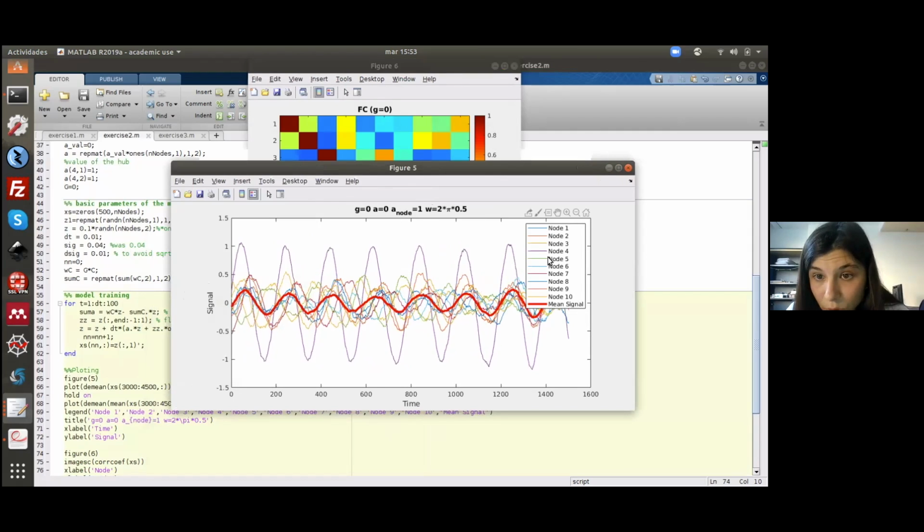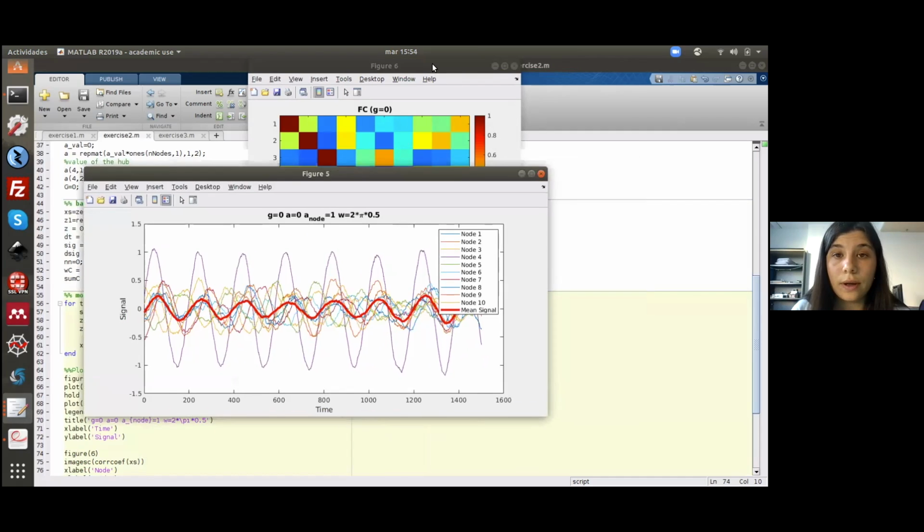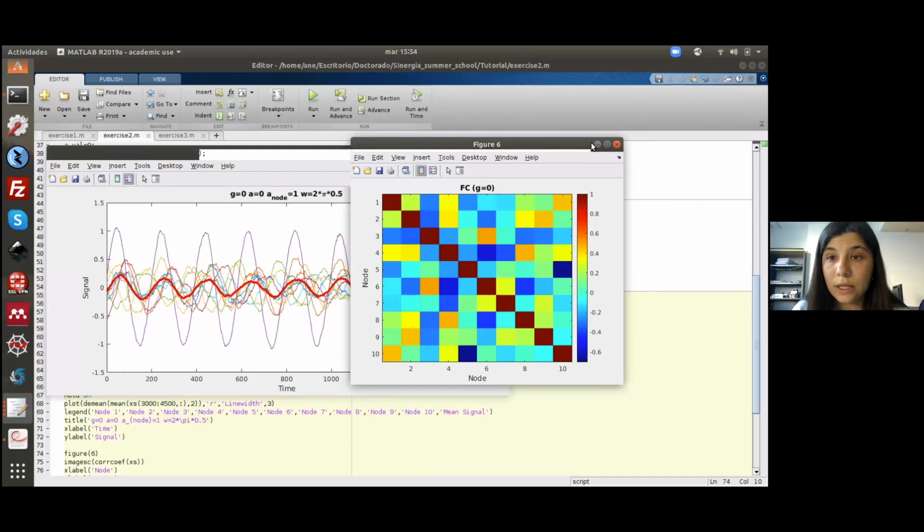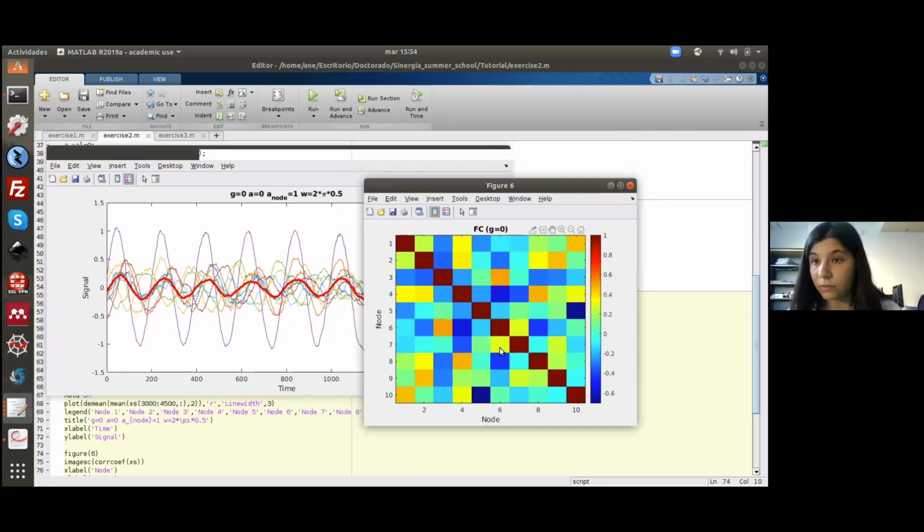You can see that the node 4, which is the hub, is the one that shows the oscillations, because we have set the local bifurcation parameter A to 1. And the rest show different dynamics because they are not coupled. The G is equal 0. This can also be shown in the functional connectivity, where you can see that there are several correlations that show very high levels of randomness.